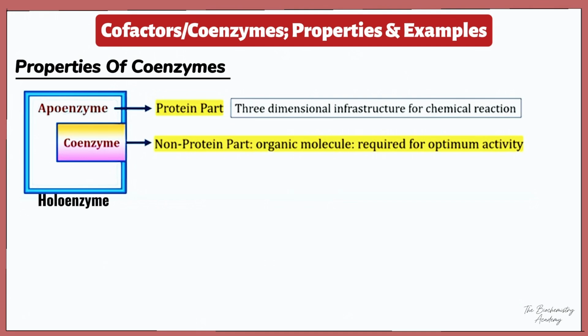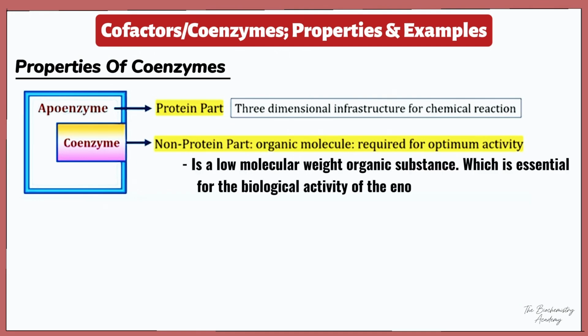Now, one can define a coenzyme as a low molecular weight organic substance, which is heat stable. This coenzyme is essential for the biological activity of the enzyme. After the completion of the reaction, the coenzyme is released from the apoenzyme and can bind to another enzyme molecule.